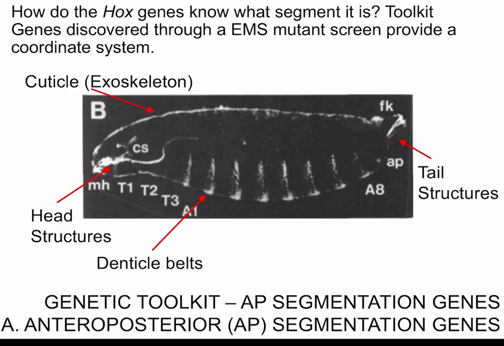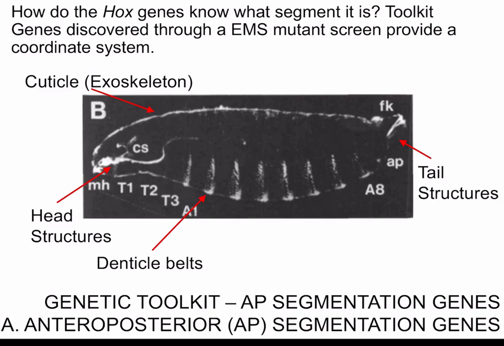A mutant screen is a way of generating lots of mutant lines of whatever organism you happen to be studying, in this case fruit flies. If you wait for mutants to arise naturally, it may take a very long time.